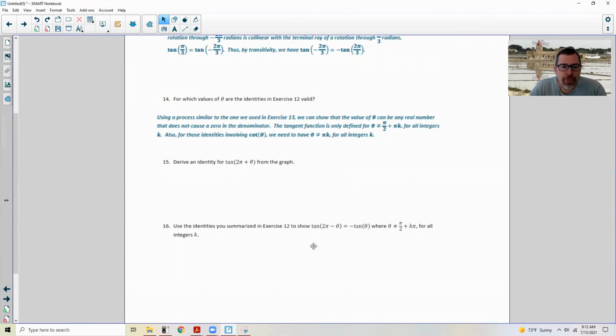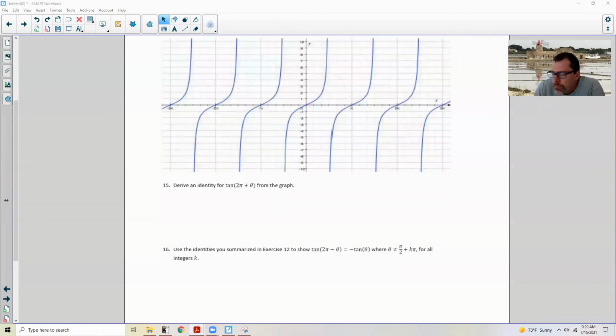Number 15, derive an identity for tangent of 2 pi plus theta from the graph. So let me bring the graph in. Okay, so here's the graph of tangent again. It says to derive an identity for tangent of 2 pi plus theta.